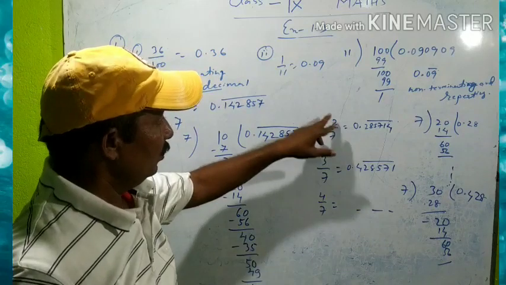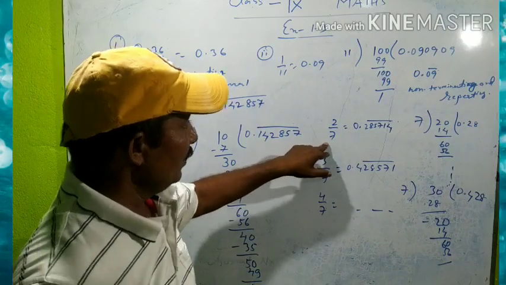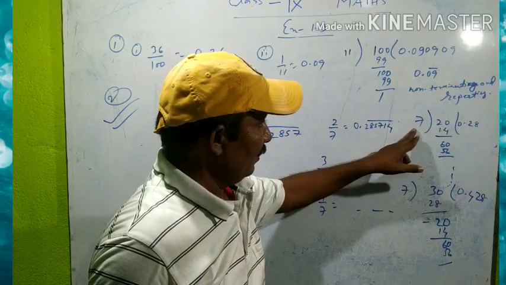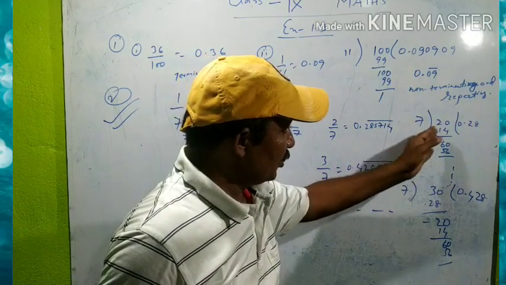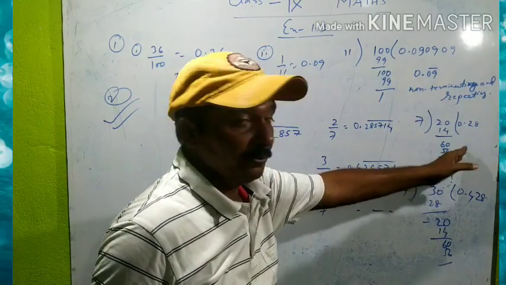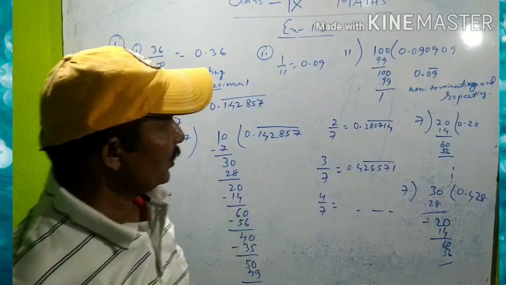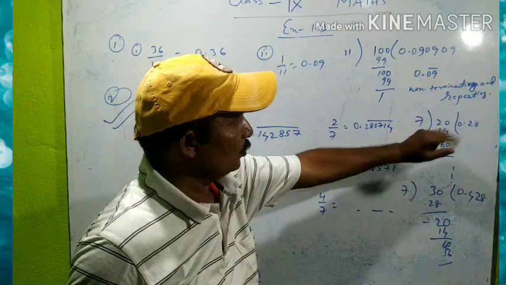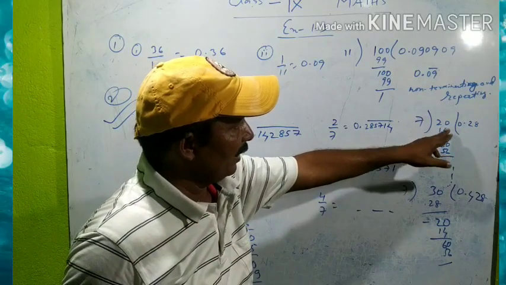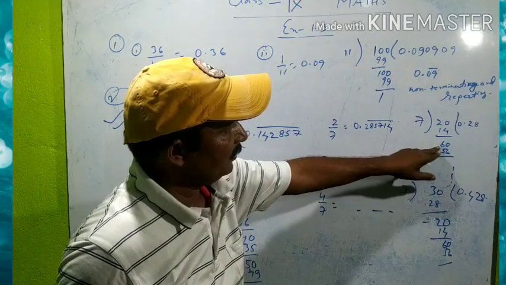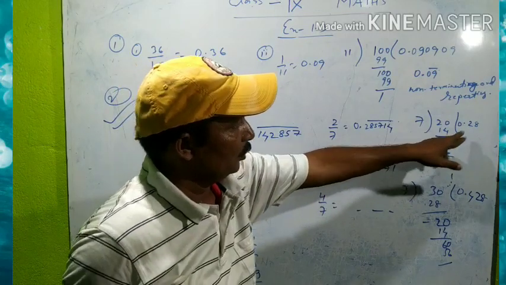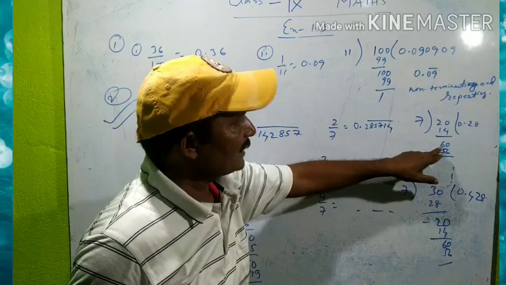Try to read. 2 by 7. That means 2 divided by 7. If you start dividing here, in this manner you will divide, now 0.28. Now you see here it is 20, and when you divided this, what is the remainder here? 6. 2 times divided and then the remainder is 6 here.